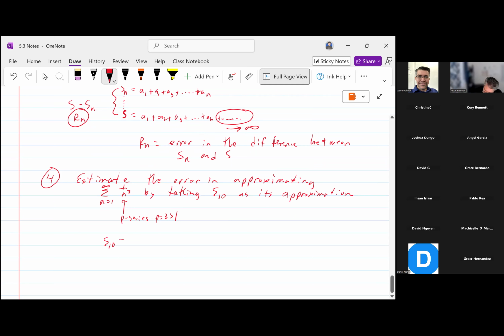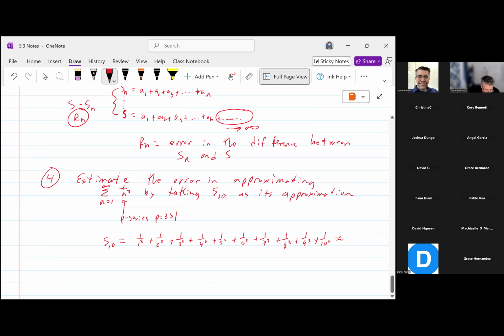So S10 is equal to 1 over 1 cubed plus 1 over 2 cubed plus 1 over 3 cubed plus 1 over 4 cubed plus 1 over 5 cubed plus 1 over 6 cubed plus 1 over 7 cubed plus 1 over 8 cubed plus 1 over 9 cubed plus 1 over 10 cubed.